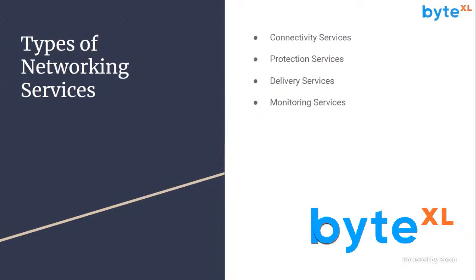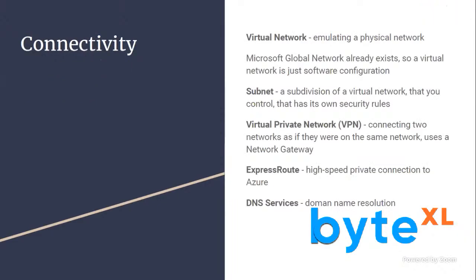So let's look into what the connectivity service is. The connectivity service connects Azure resources and on-premises resources using any or a combination of these networking services in Azure.